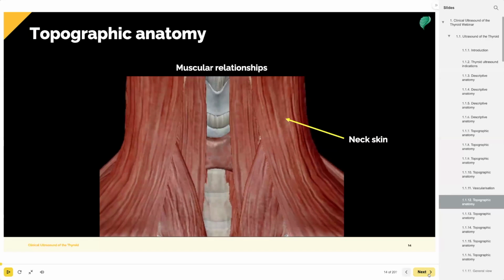Understanding the anatomical relationships of the muscles in comparison to the thyroid is very important because the echotexture will give us clues in determining normal versus abnormal tissue, and in order to correctly look for and determine pathologies.